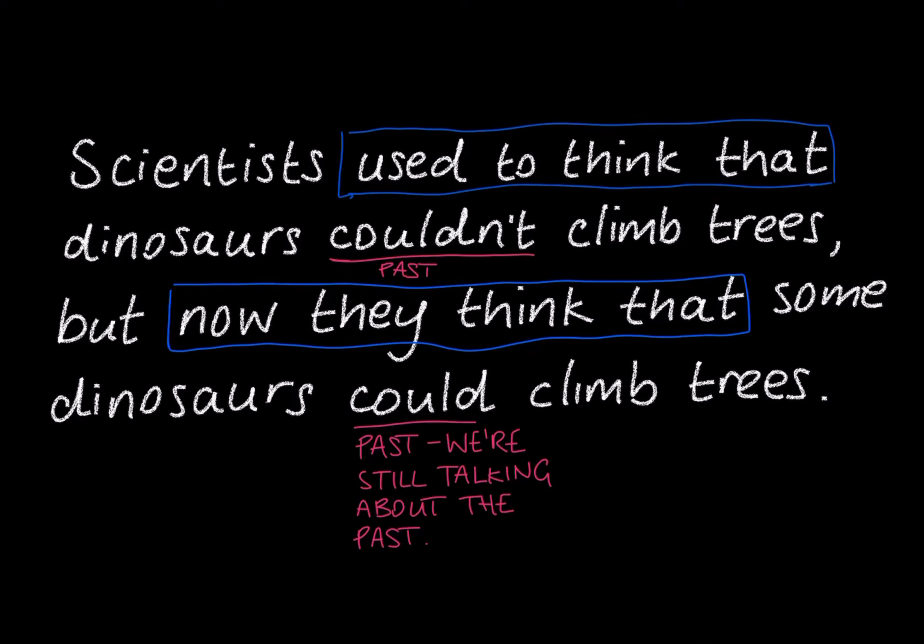So scientists used to think that dinosaurs couldn't climb trees, but now they think that some dinosaurs could climb trees, okay? So you need to think about the topic. You need to think about what you're saying. If you're talking about something that's always in the past, even if it's something different that you think now, you have to use another past verb, okay?